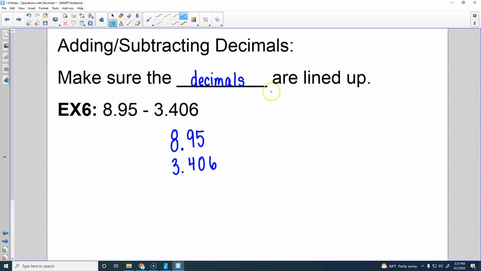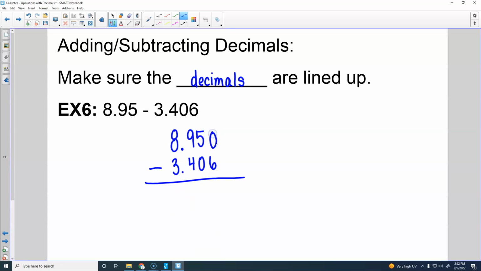Alright. So, let's subtract some decimals. First number always has to be on top. Second has to be on bottom. Unless, I may actually throw one more example in here. We'll worry about that "unless" in a minute. Now, in this case, you have to make sure you line up those decimals. So what am I going to do? The first number is shorter.